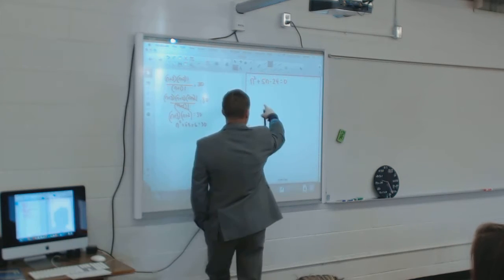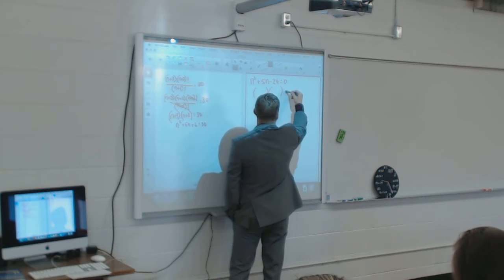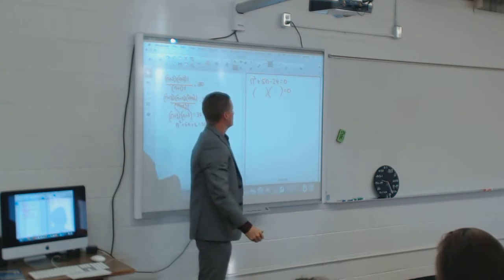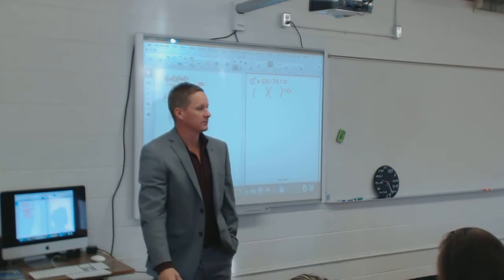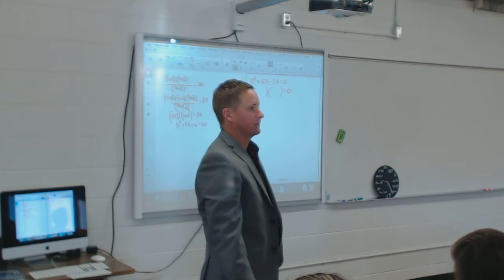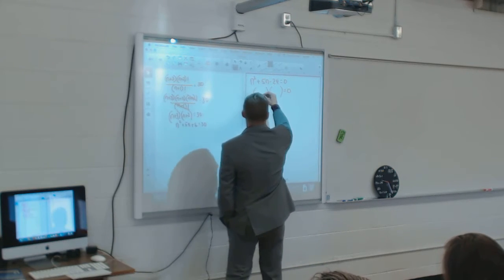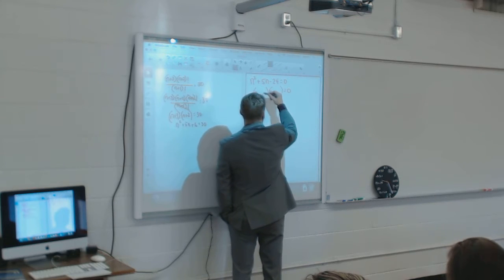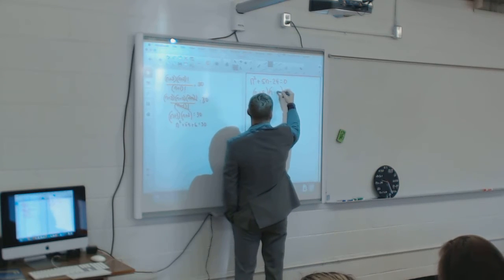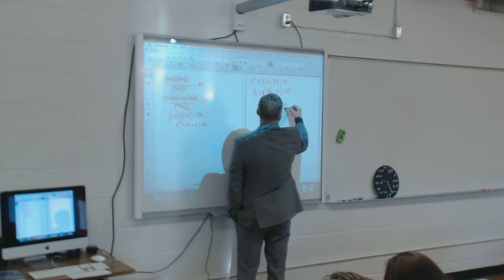Can I factor this? Are there factors of negative 24 that give you plus 5? 8 and negative 3. So n plus 8 times n minus 3. Therefore, n is equal to negative 8 and 3.